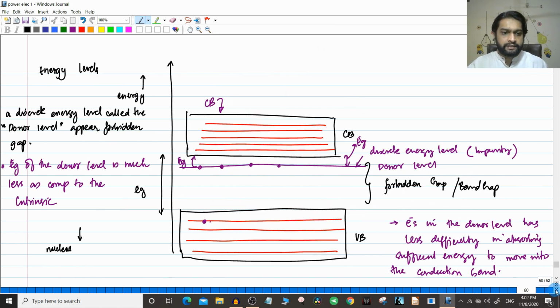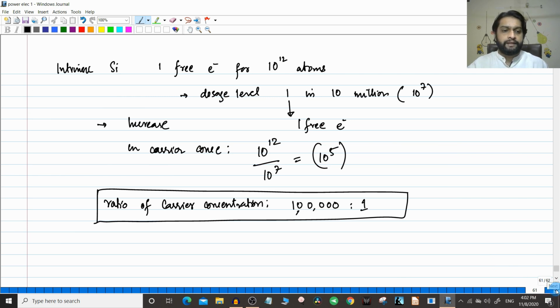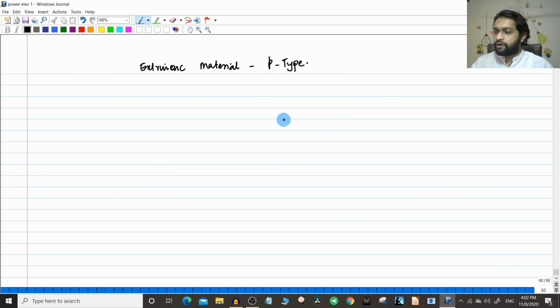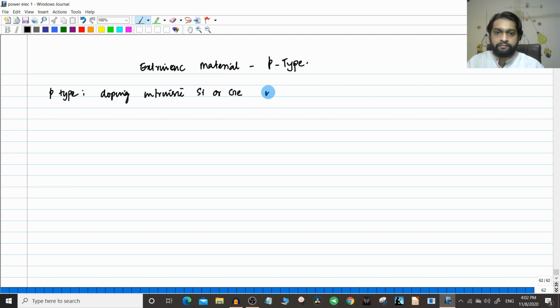Now we will discuss another type of extrinsic material, which is called the p-type material. How are p-type materials formed? They are formed by doping intrinsic silicon or germanium with elements. For n-type material, what was the element that you had used?